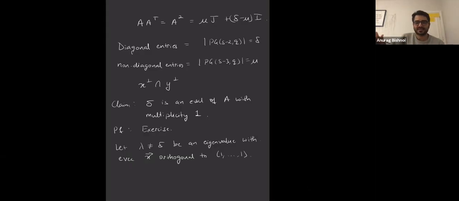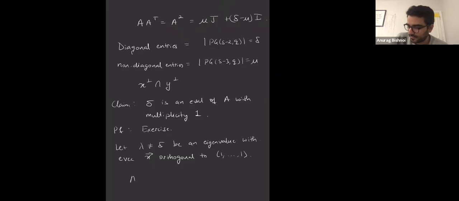Remember the real spectral theorem: you can decompose the vector space into these pairwise orthogonal eigenspaces. So let x be any other eigenvector, say lambda is the eigenvalue. Then when you multiply this equation by x on both sides, the J term becomes 0.